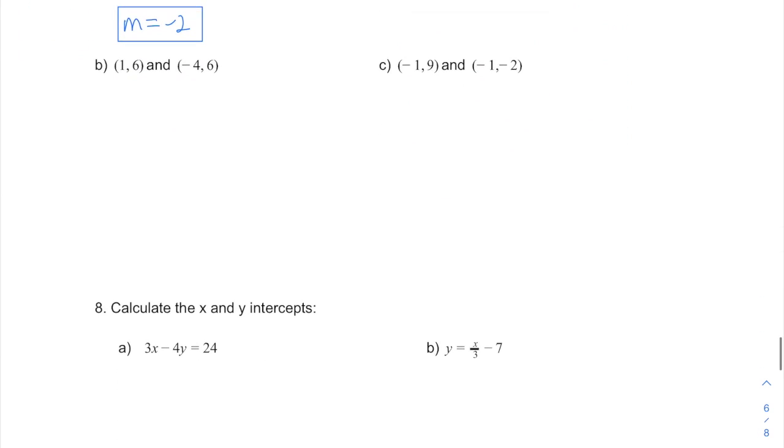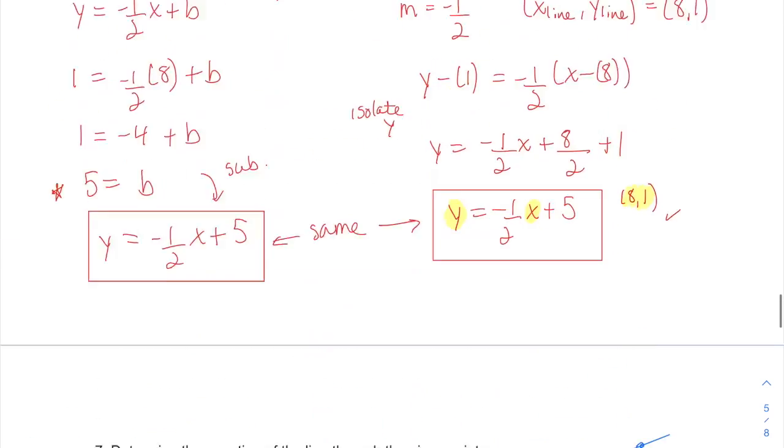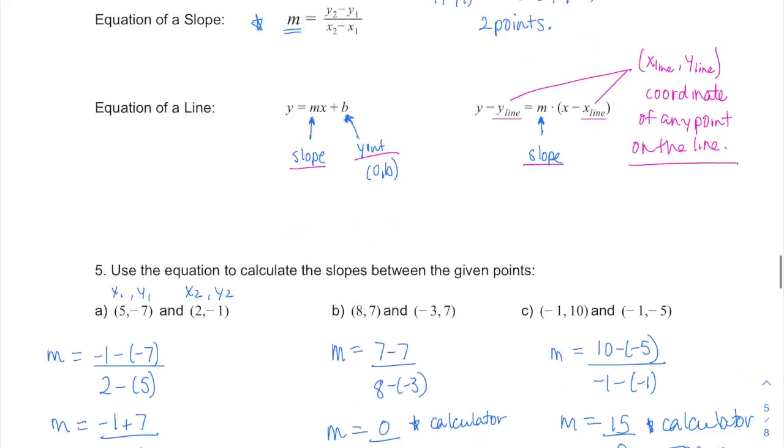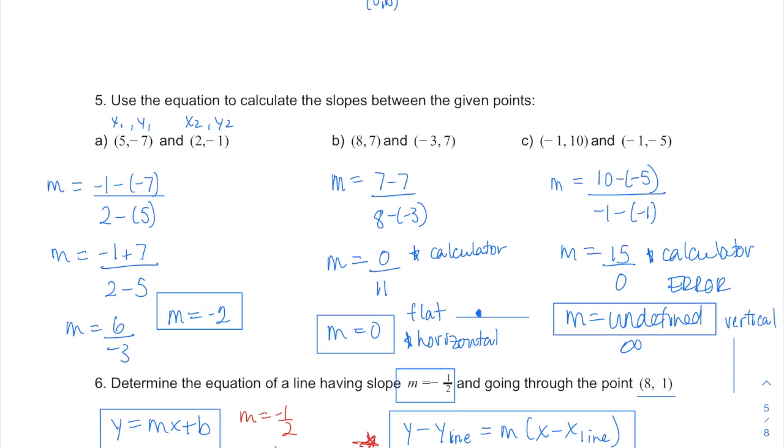Okay, let's have a look at these next two. So step 1 is always calculating the slope. So in this case, we know that the slope is 0. Now here we go. This is a clue. And we need to go back to what we remember about slopes from number 5.